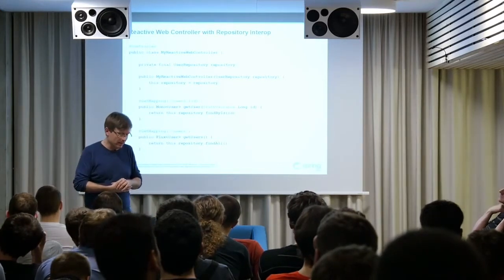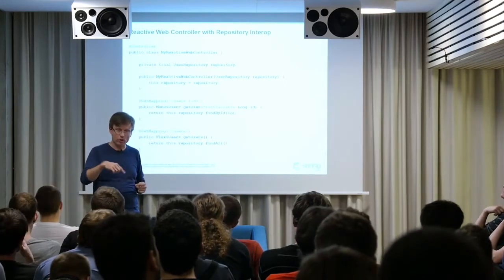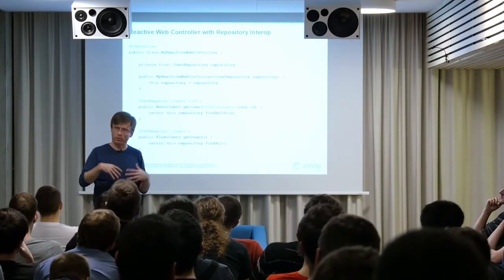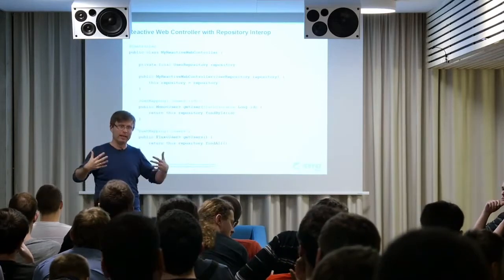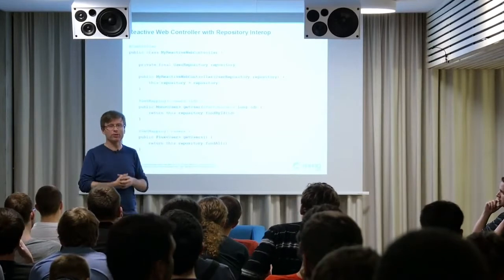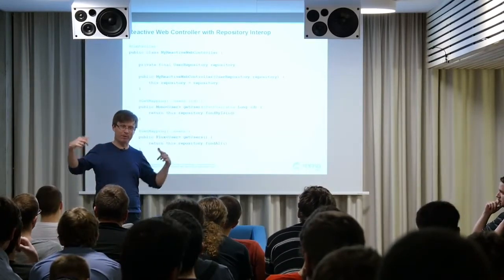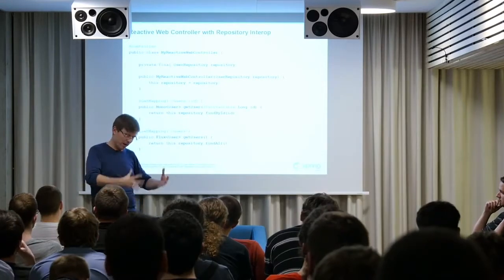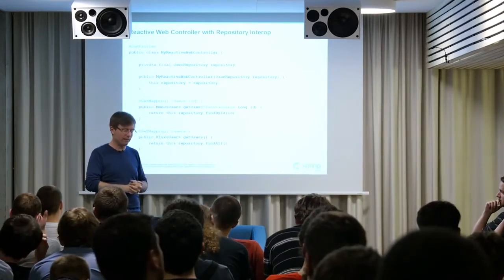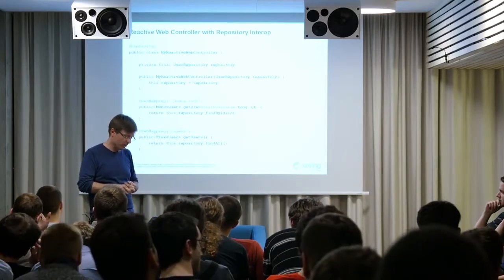Whereas Reactor 3 is Java 8 based from the start. So it uses the java.util.function types wherever possible, java.util.Optional wherever possible. It's a naturally Java 8 based API arrangement. So Reactor has kind of the benefit of late birth. It arrived at a time when Java 8 was already established and the Reactive Streams APIs were already established.